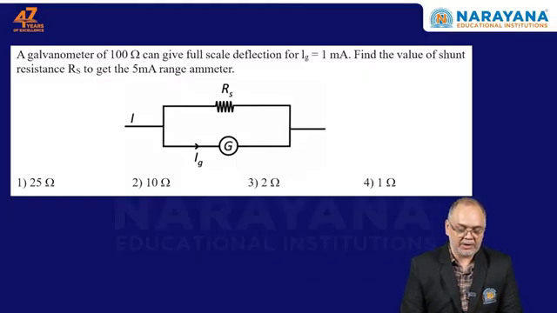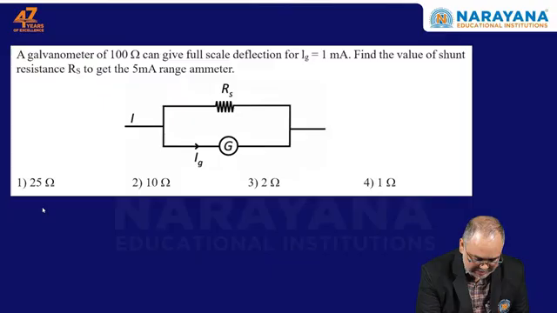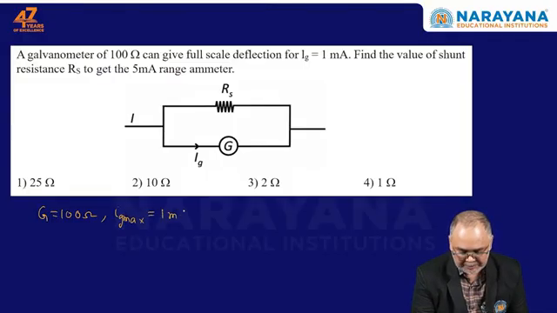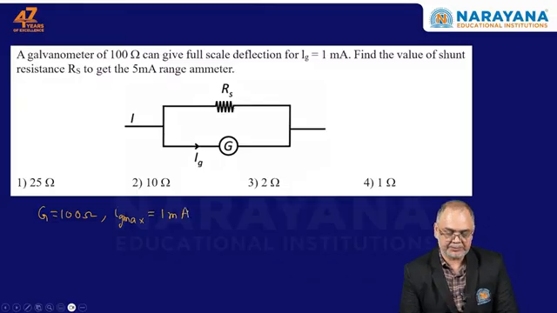A galvanometer of 100 ohm can give full scale deflection for Ig equal to 1 milliampere. So we can say the resistance of the galvanometer G is 100 ohms, and the maximum current which can flow through it, Ig max, is equal to 1 milliampere.